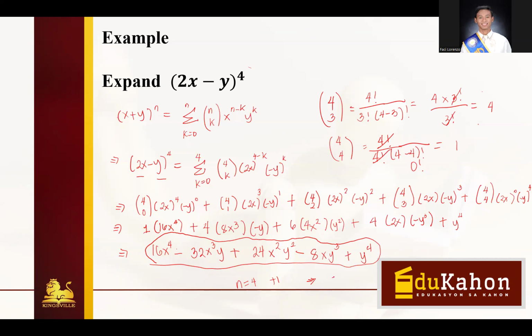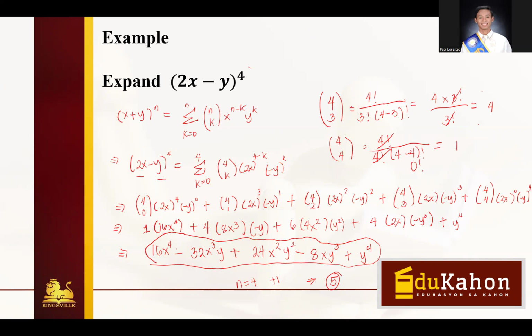So that is 4 plus 1, which is 5. So kindly count the number of terms for your final answer. If n is equal to 4, that is 1, 2, 3, 4, and 5. So this is already your final answer by expanding the binomial 2x minus y raised to 4.